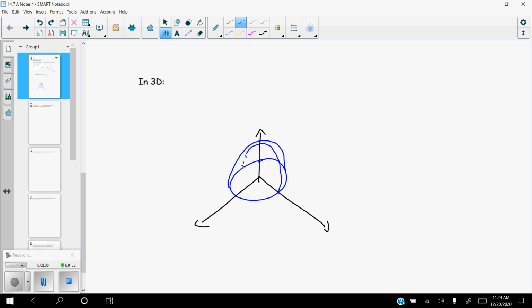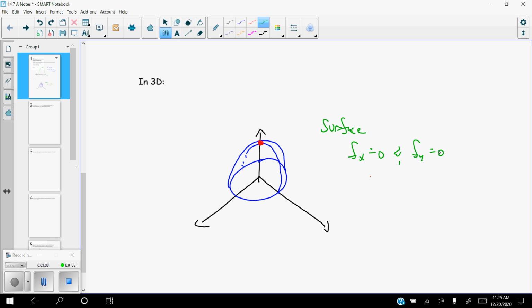In any case, on a surface, you're going to have your critical value at the top or at the bottom, wherever the surface is. And for a critical value to occur, both f sub x equals 0 and f sub y equals 0. So basically, the slope in both the x and the y direction has to equal 0.